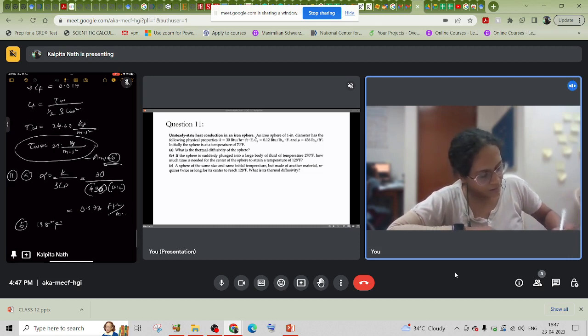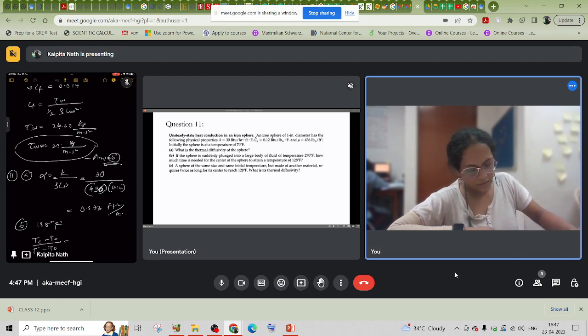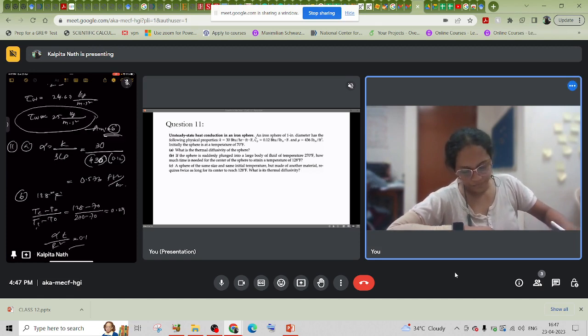For the transient equation, we apply (Tc minus T naught) upon (T1 minus T naught), where T1 is the surface temperature and Tc is the center temperature. So 128 minus 70 upon 270 minus 70 gives 0.29. Now we know this is equal to alpha T by R square, that is 0.1.